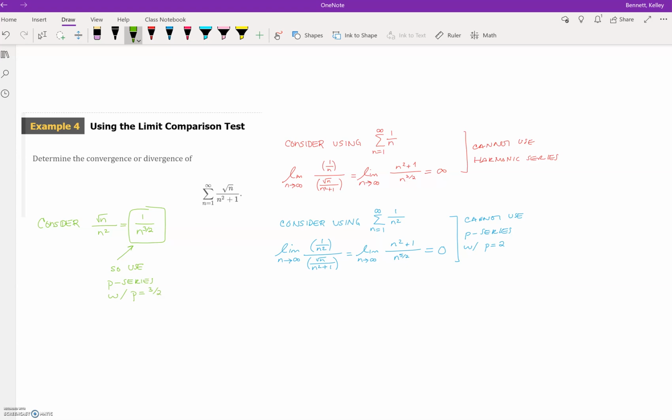And we know that when we have a p-series and p is strictly larger than 1, it's going to converge.